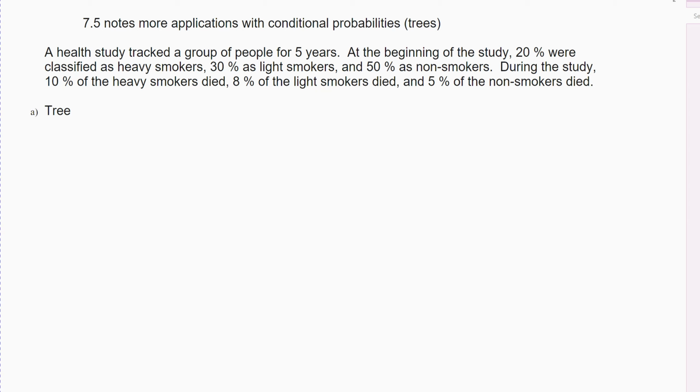It's a little subtle, but those last 3 events were conditional cases. All of these percents, these probabilities, are conditionals. This 10% is not 10% of everybody. It's only 10% of the heavy smokers, which isn't everybody, since only 20% of the people in the study were heavy smokers.